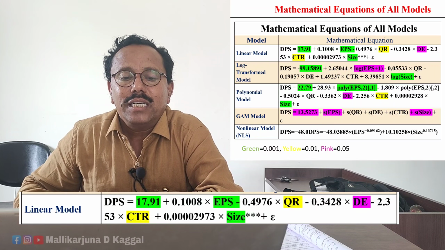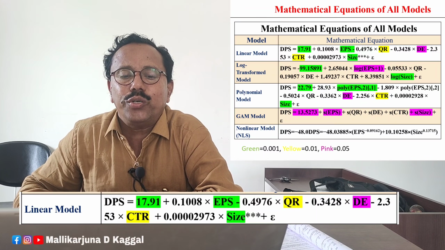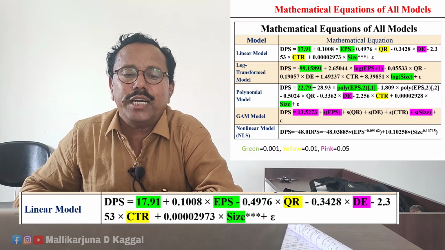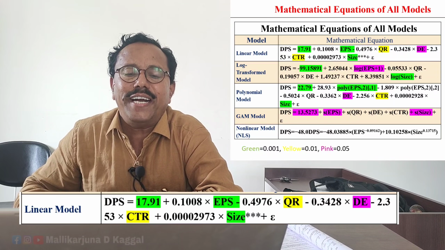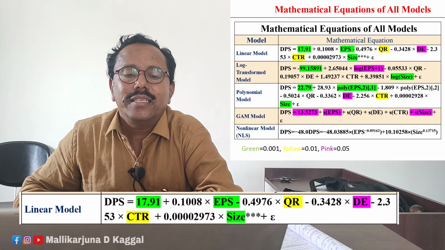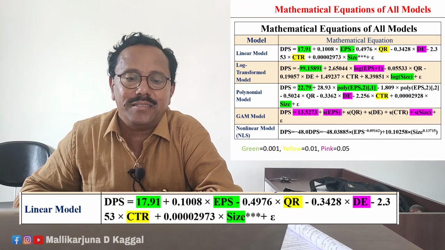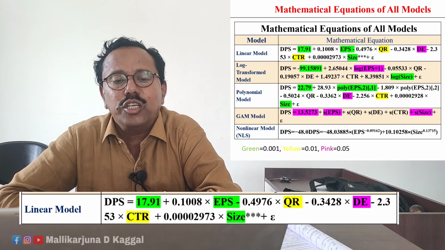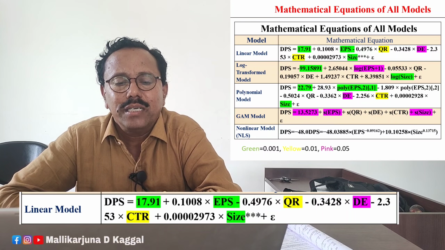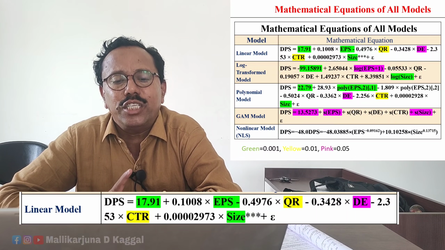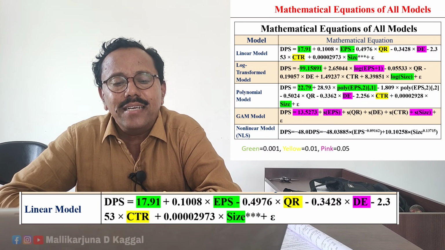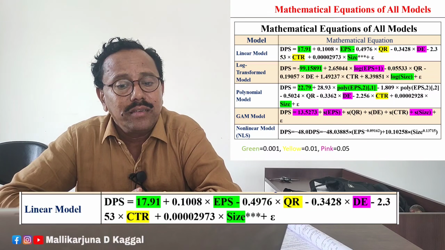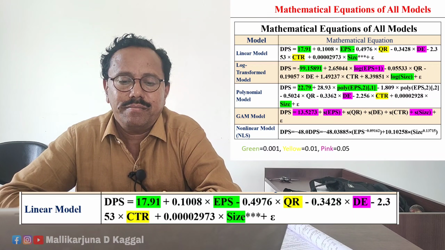Similarly for a 1 unit change in quick ratio, if the quick ratio is changed from 5 to 6, a 1 unit change, there is a negative change in DPS. The DPS is going to decrease by almost half. 0.49 means 0.5. If there is a 1 unit increase in quick ratio, there is a decrease of half in the DPS.